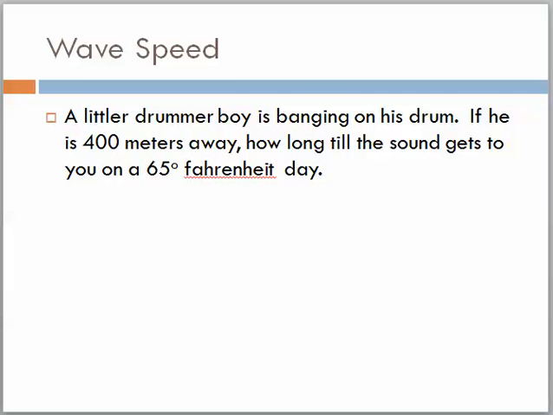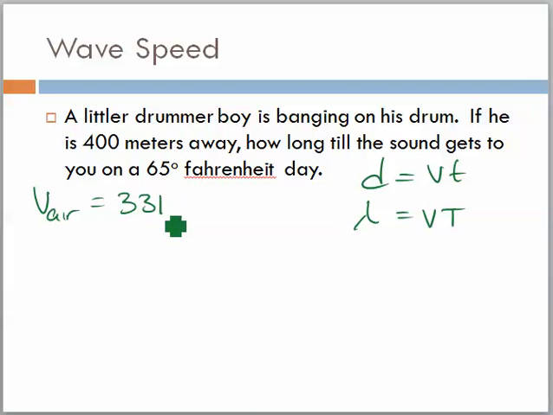Couple things we got to do here. All right. Distance equals v or t, or lambda equals velocity times the period. Couple things: I don't know the velocity, but I do know that the velocity in air is 331 plus 0.6 times the temperature in degrees Celsius.